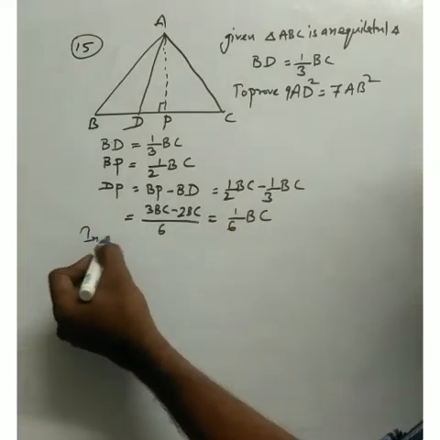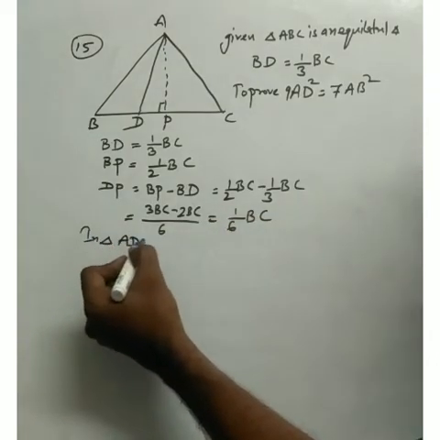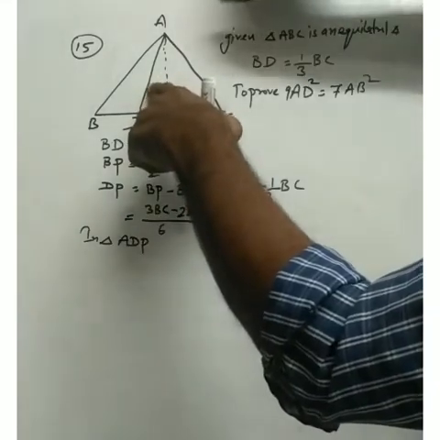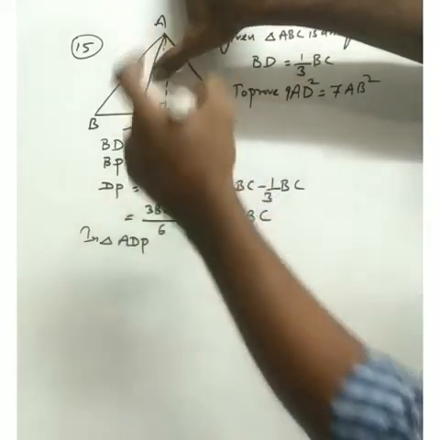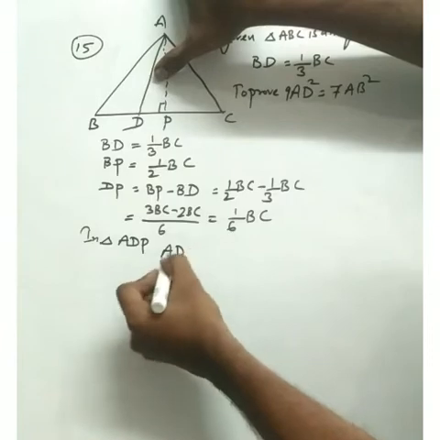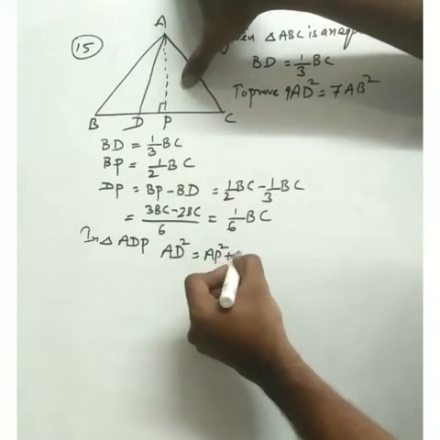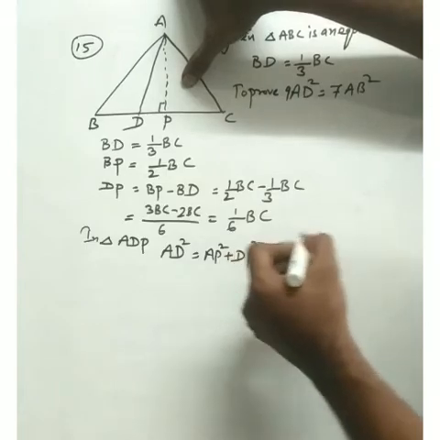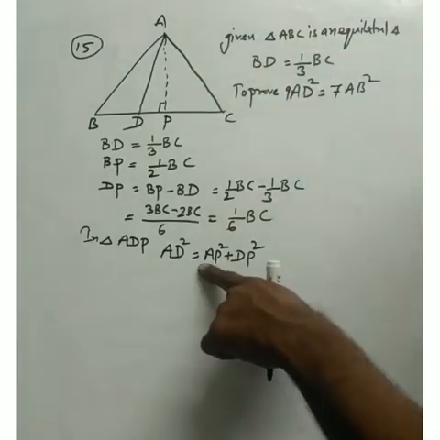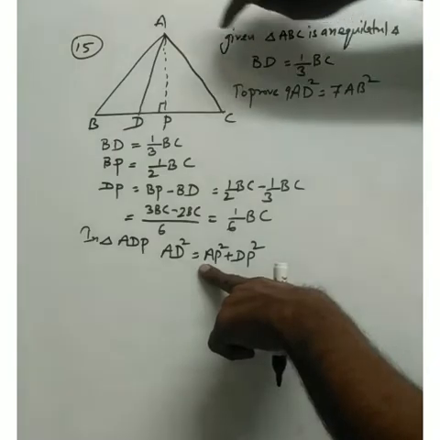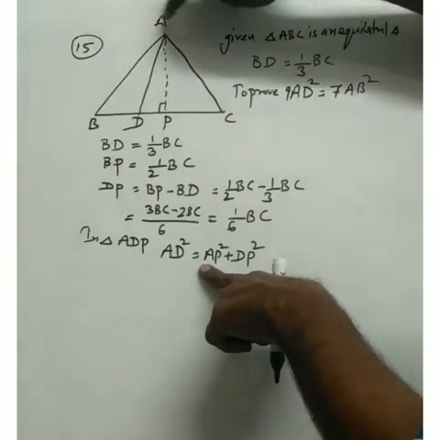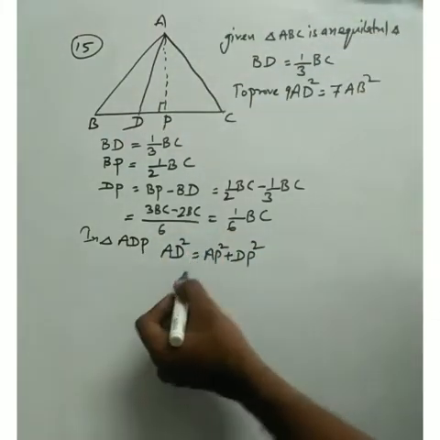Now in triangle ADP, we will use this right triangle and apply the Pythagoras theorem. AD square equals AP square plus DP square. To replace this AP, we are using the triangle ABP.